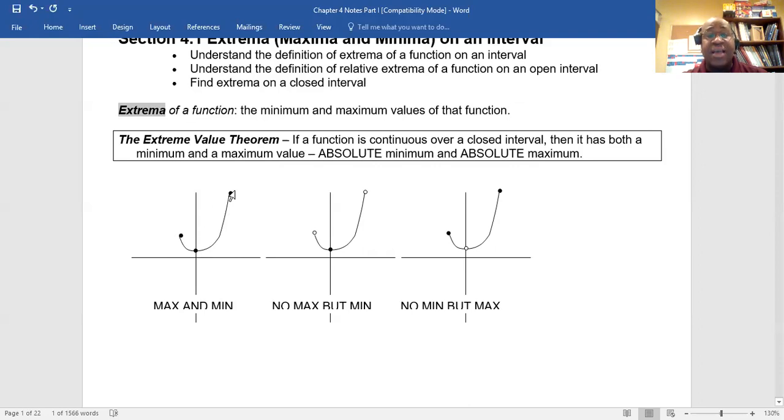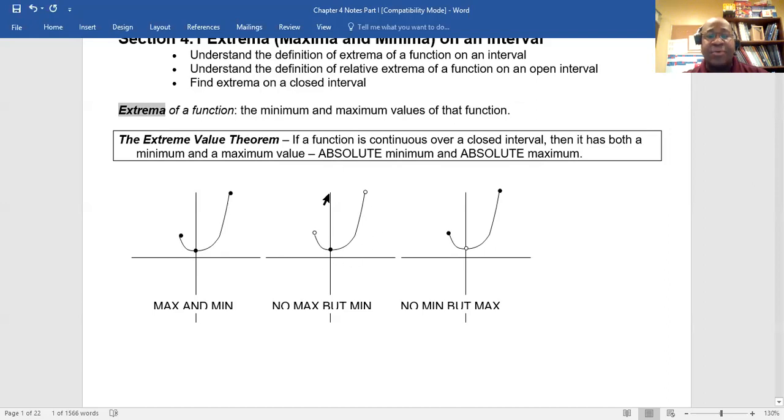We see it because we have dark endpoints or filled in circles at the endpoints. So this tells us that this function has a maximum and a minimum. We have an absolute maximum at the rightmost point. The minimum is at the low point here on the y-axis.